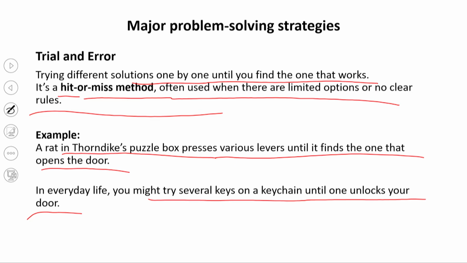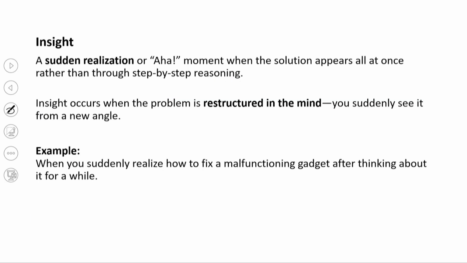Many times when the rules are not very clear, we do not have much knowledge about something, then we use trial and error. Another way we solve a problem is using insight. What is an insight? Insight is a sudden realization or aha moment when the solution appears all at once rather than through step by step reasoning.